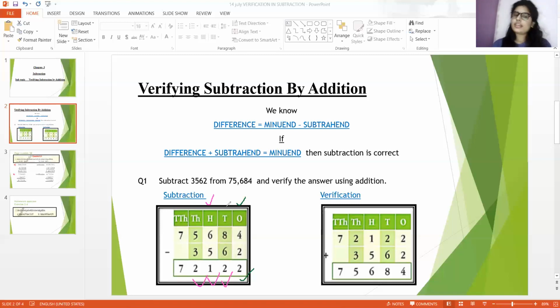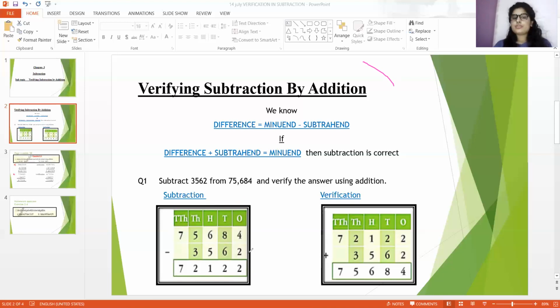Now we can verify whether we are doing the subtraction correctly or not. There is a simple trick here. I have just subtracted 3,562 from 75,684.